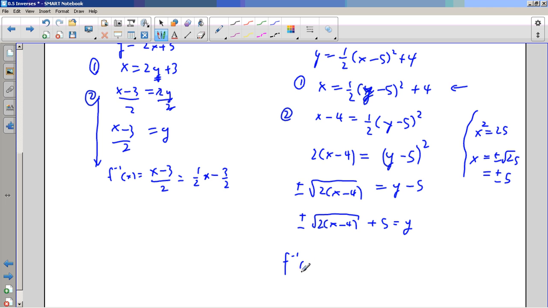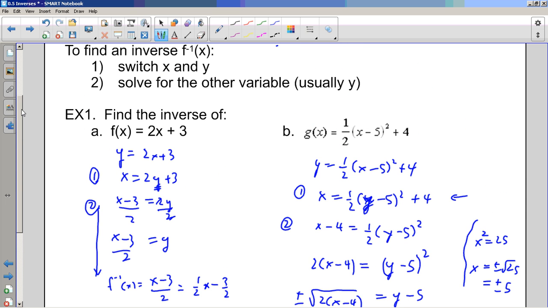And we'll talk about this real quick. But what does this mean? We were just asked to find the inverse function algebraically. But what is this? This original thing is a parabola, right?